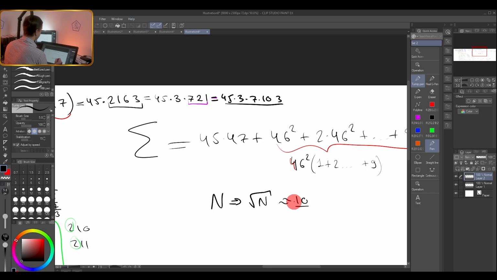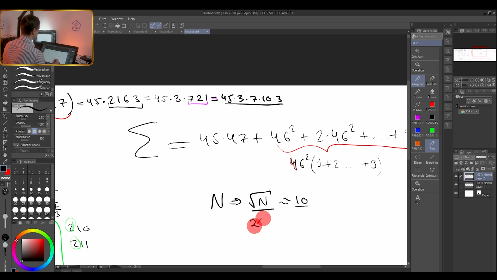You should only check the prime numbers from 1 to 10. If none of the prime numbers less than the square root of n divides your number n, then it will be a prime. It's just a very simple thing. So in our case, we should only check numbers from 1 to 10 and only prime numbers, if they divide 103.